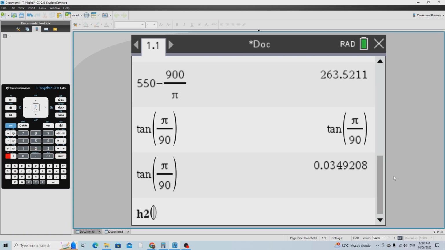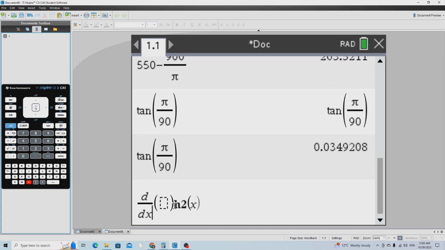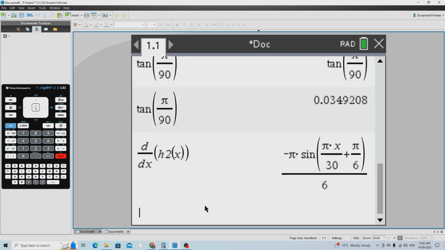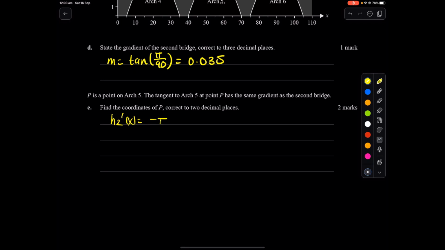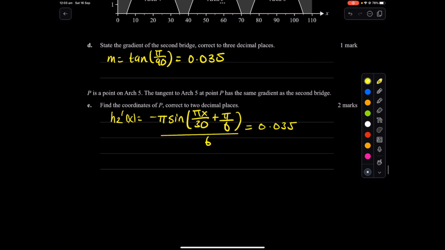Let's find the derivative of that. It's negative pi sine pi x over 30 plus pi over 6, over 6, and we want to equate that to 0.035, the gradient of that, and calculate the value of x.